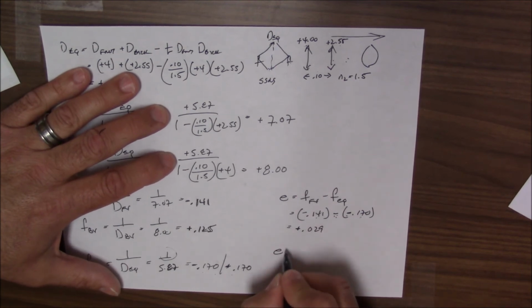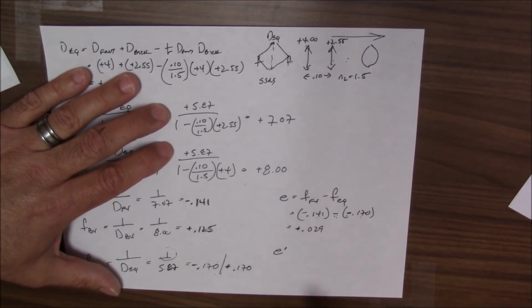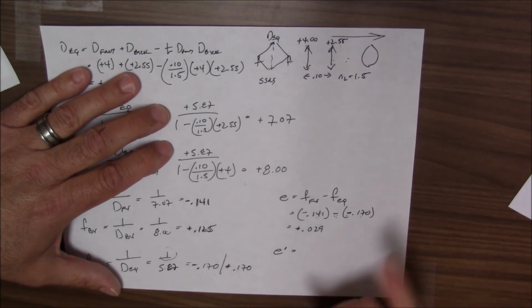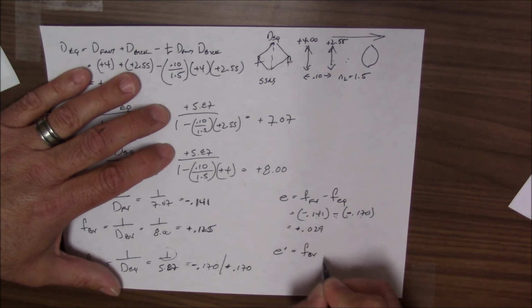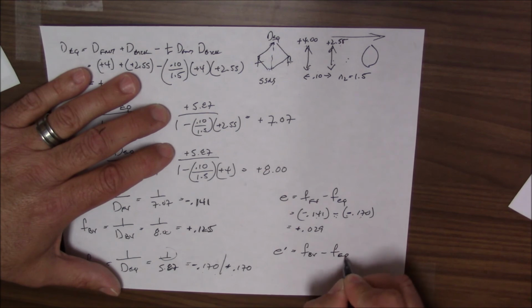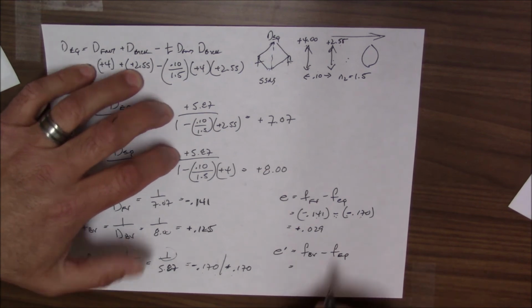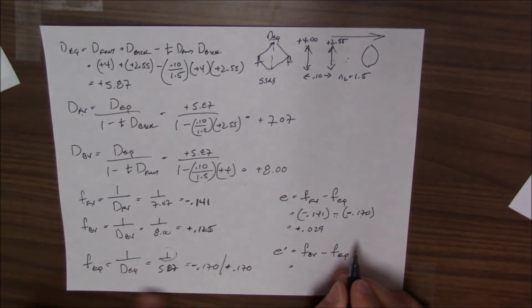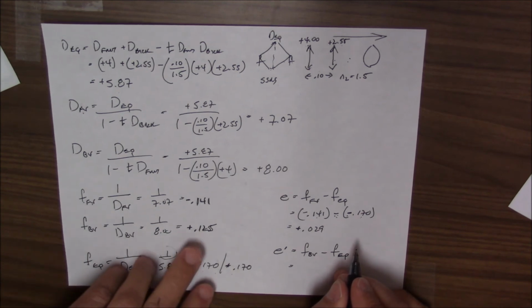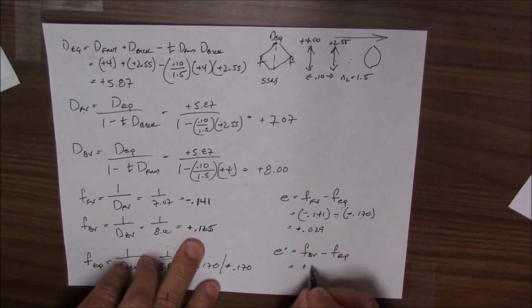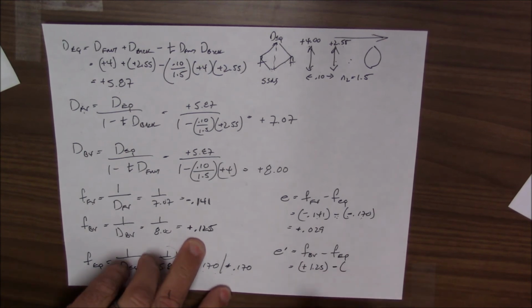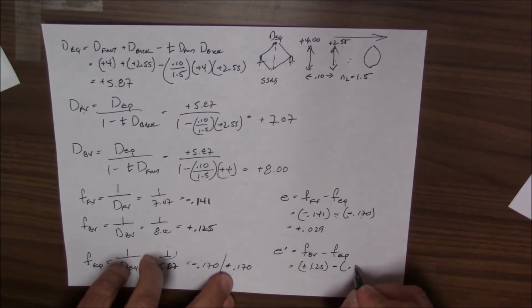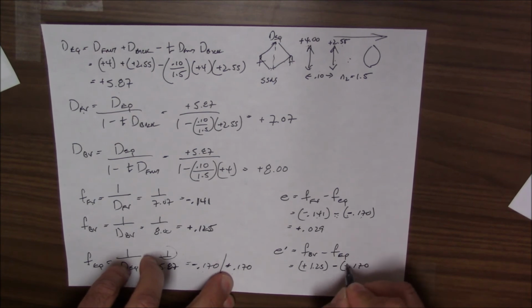I'm going to figure out where the location of my secondary Gaussian plane is relative to the back of my real lens, and that's going to be the focal distance of the back vertex power minus the focal distance of the back equivalent power. All right, the focal distance of the back vertex power, you found out over here, this was a plus 0.125, and I'm going to subtract from that our fellow over here, which is my 0.127, but that's also going to be a plus.